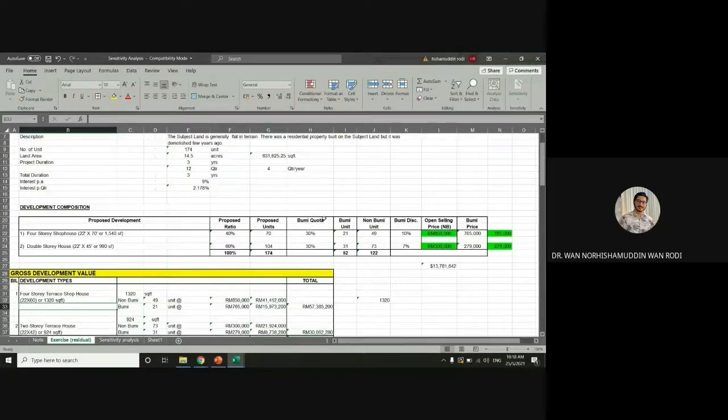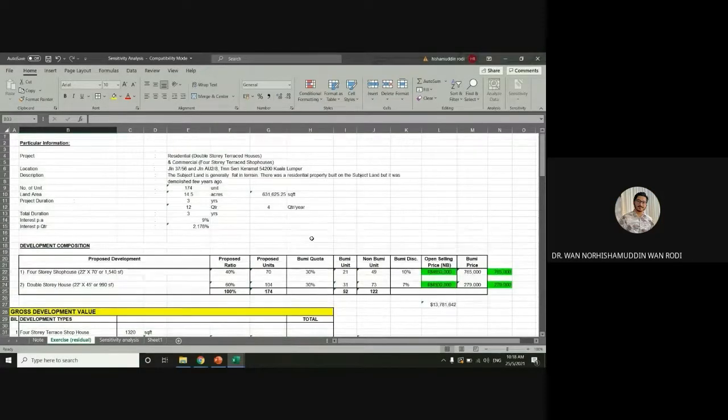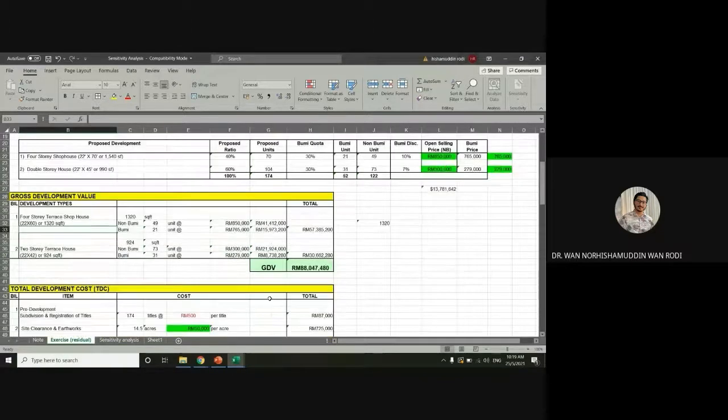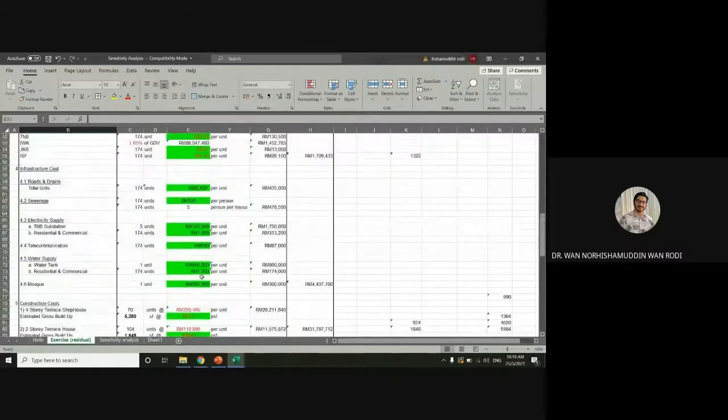Okay, next I'm trying to demonstrate the application of sensitivity analysis in residual calculation. Using a sample residual calculation, first thing first, you need to have a very complete calculation, whereby everything is linked together and each calculation is formulated using formulas.